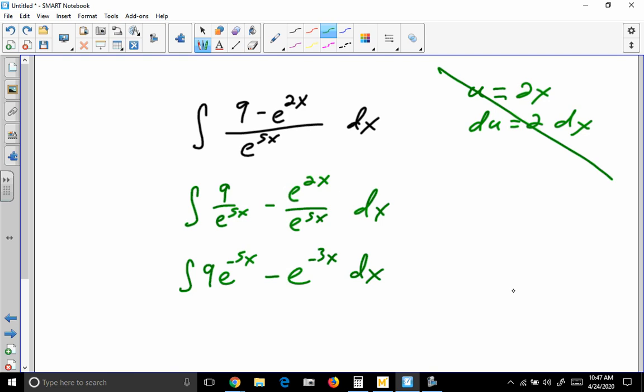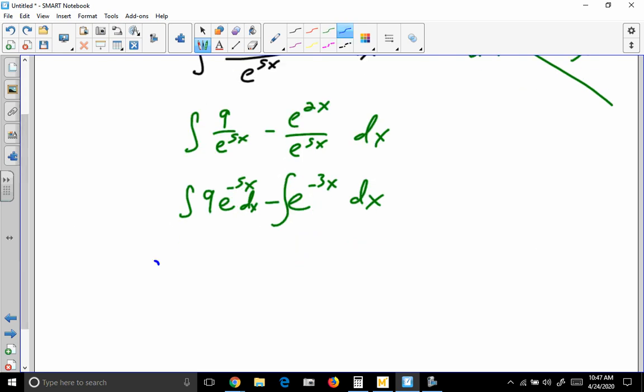And then we just integrate these separately. So we can integrate the first one with respect to x, integrate the second one with respect to x. So for the first one, let's pull a 9 out front. E to the negative 5x dx. And then for the second one, integrate e to the negative 3x dx.